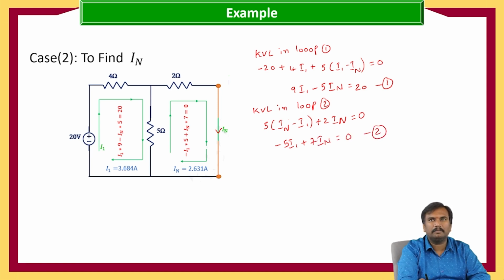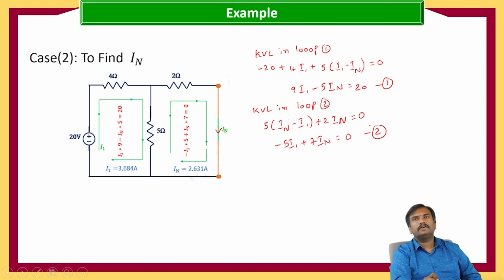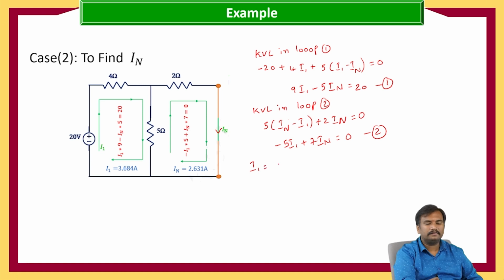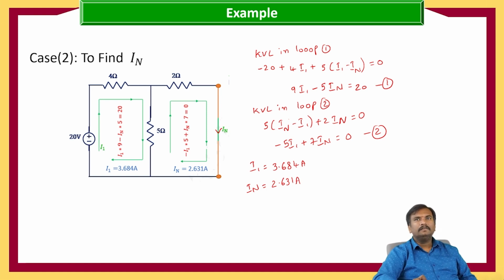This is our equation number 2. If we solve these two equations, we get the I1 value as 3.684 amperes and the IN value as 2.631 amperes.